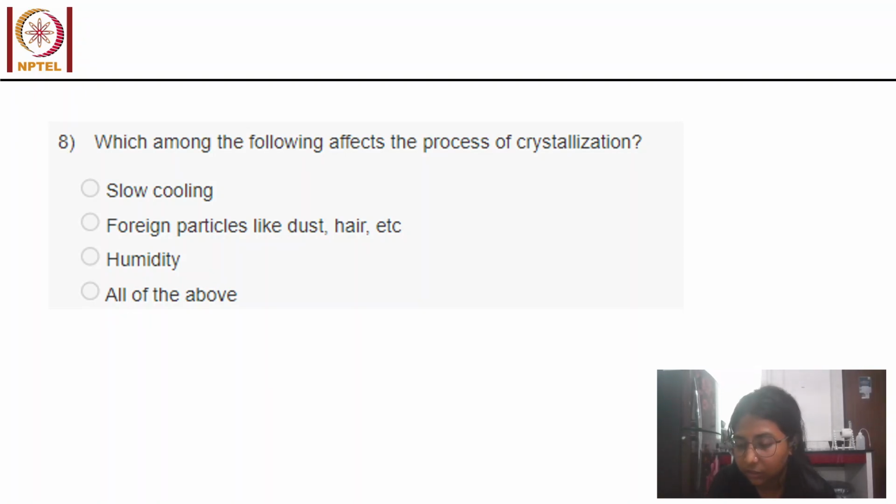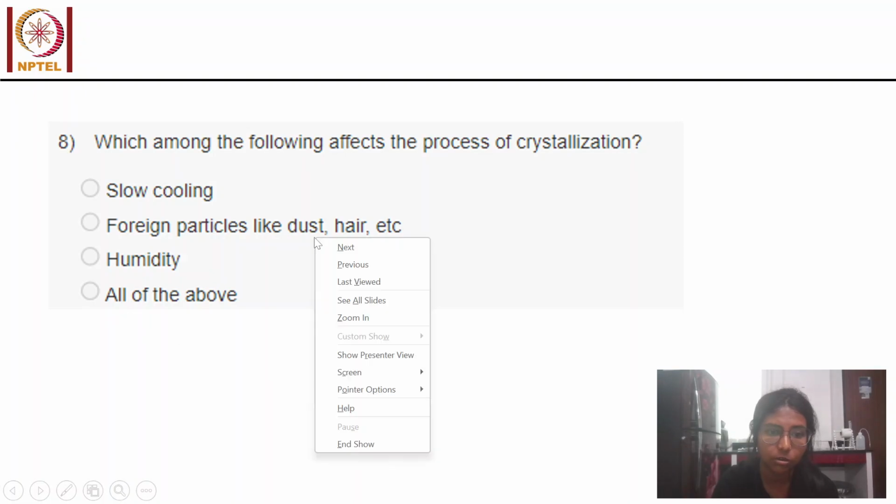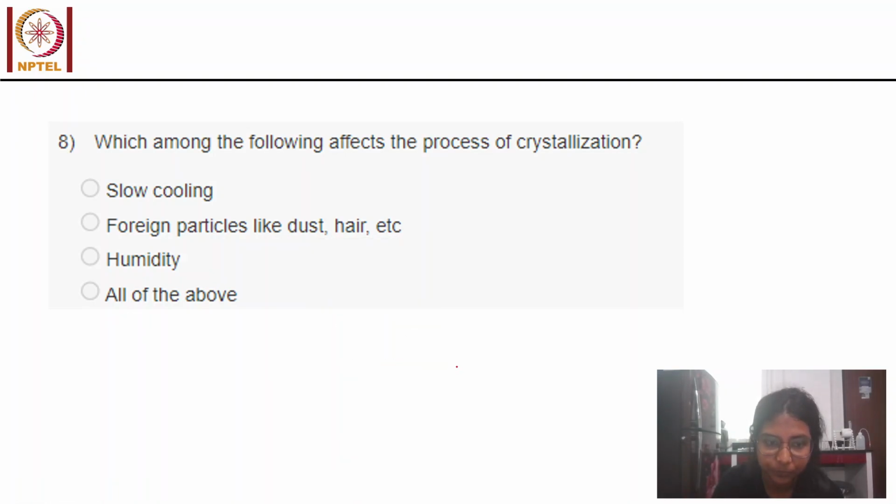And if the air is very humid, then the solvent can absorb more water from the atmosphere, and that water can also go into your crystals. So you might get a hydrate form, you never know. So all these factors actually affect the crystallization. So the answer will be all of the above.